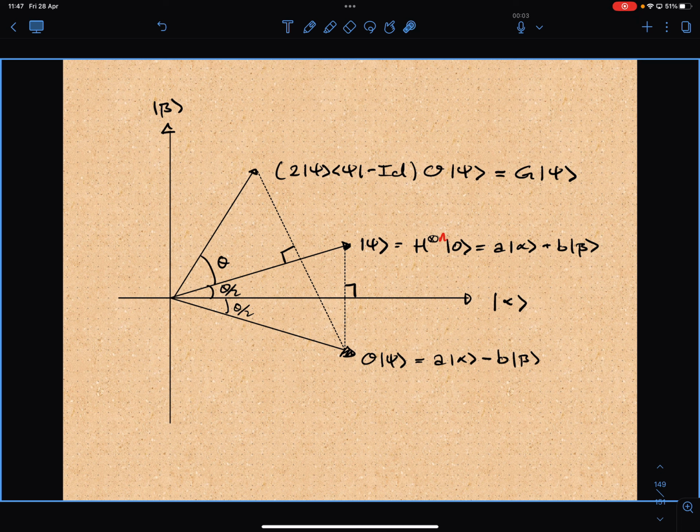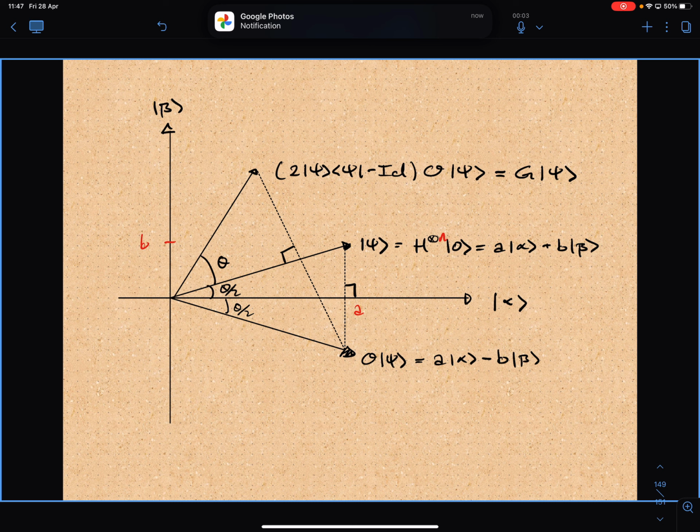And we said that we can write it as A, B, and then plot it here in this alpha beta axis with coefficients A and B. And the oracle operator on psi is a flip over this axis. So it's going to flip it this way, and the flip is denoted by this right angle. So it's going to flip it to minus B.